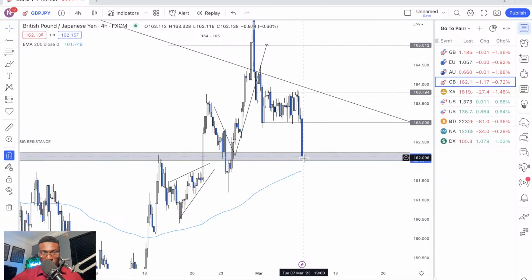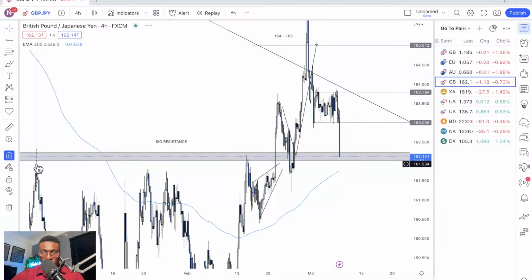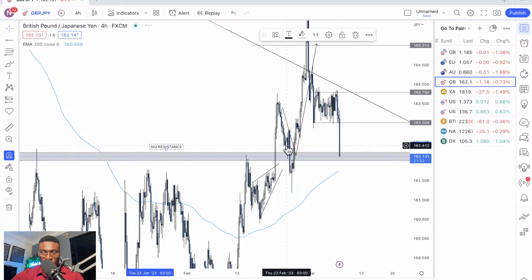Now you can see that this area served as previous support and also served as previous resistance. You can see the indication here. It served as previous resistance, and after it was broken above, came back to serve as support.